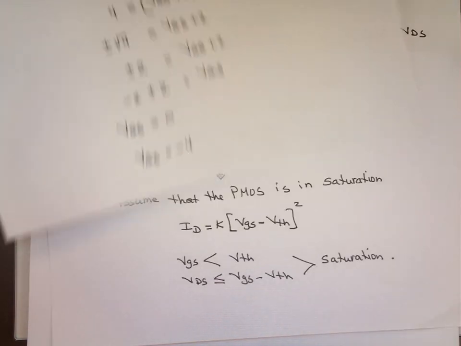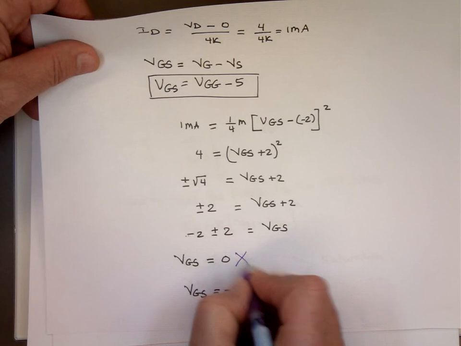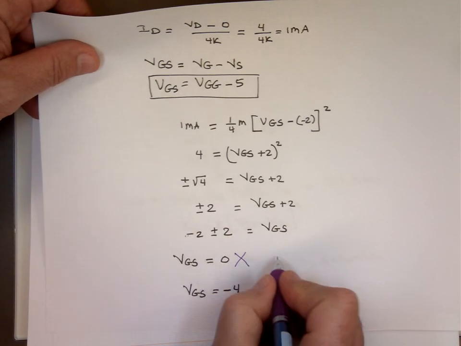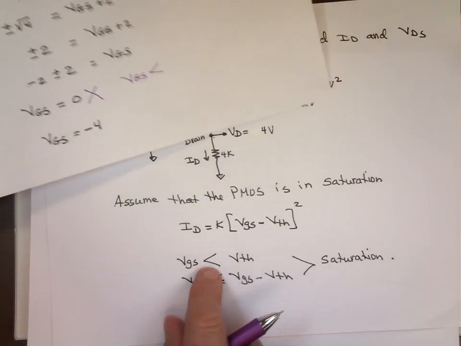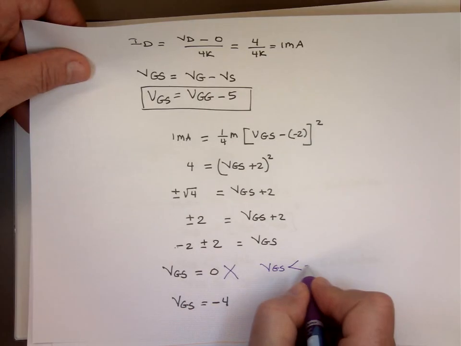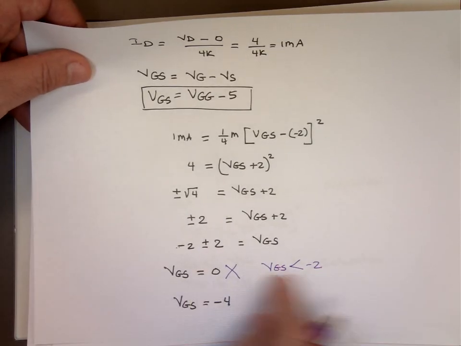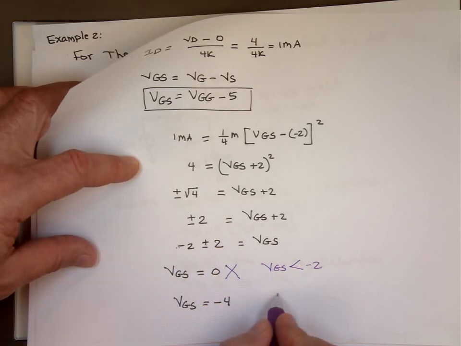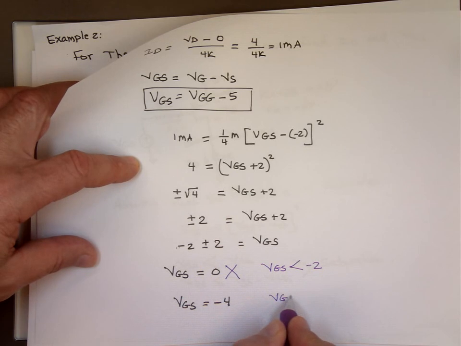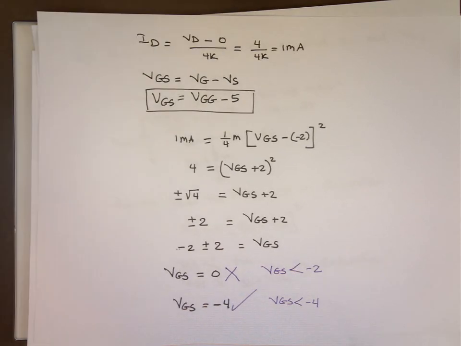Well, one solution does not make any sense. Why? Because you want VGS to be less than the threshold voltage, which is -2. Is 0 less than -2? No. Is -4 less than -2? Yes. So that should be my answer for VGS.